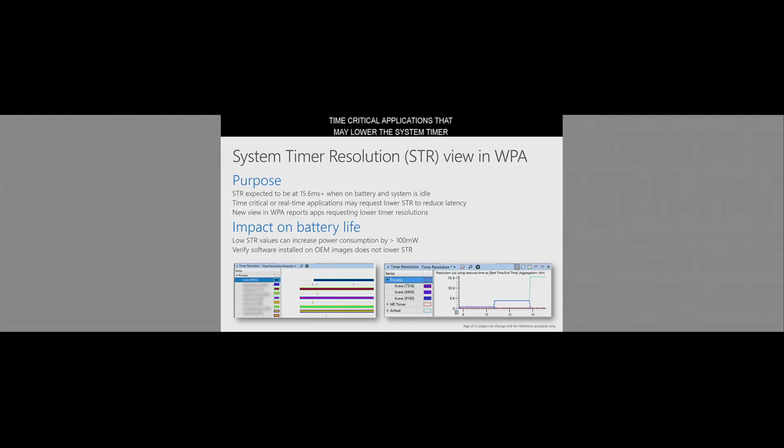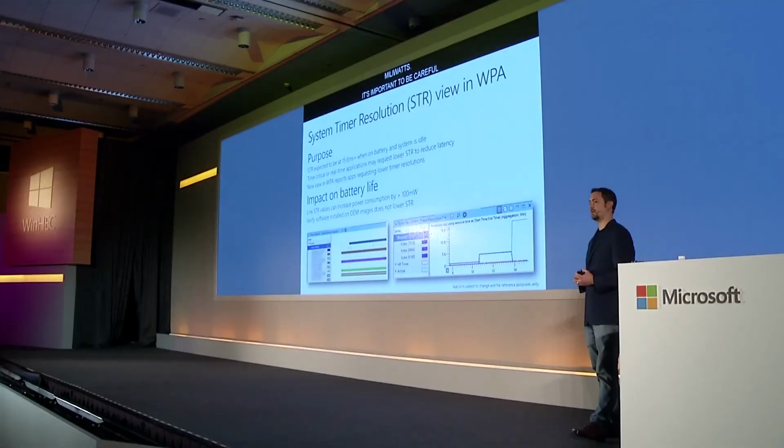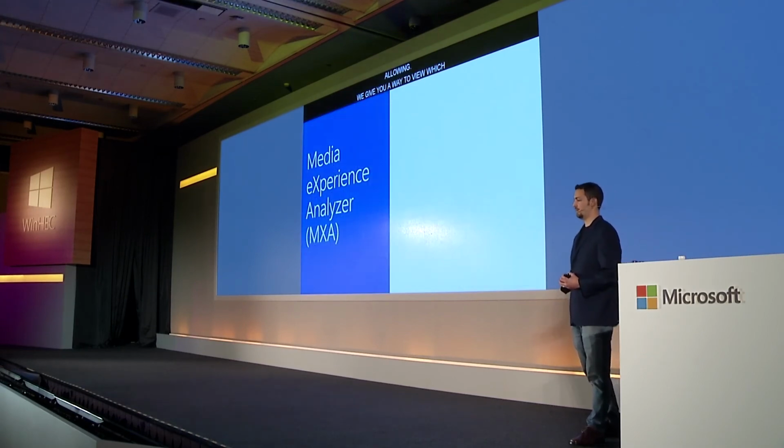Lowering the system timer resolution can increase power consumption by more than 100 milliwatts. So it's important to be very judicious and careful about which applications you're including on your OEM image. In the Fall Creators Update, we have a way for you to easily view which applications in your image preload are responsible for lowering the system timer resolution.